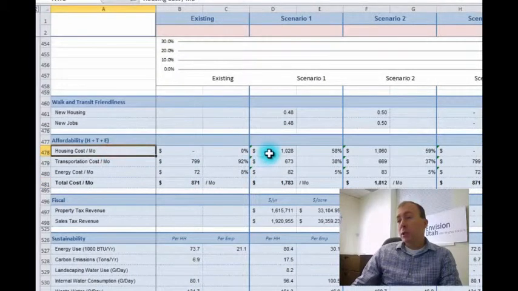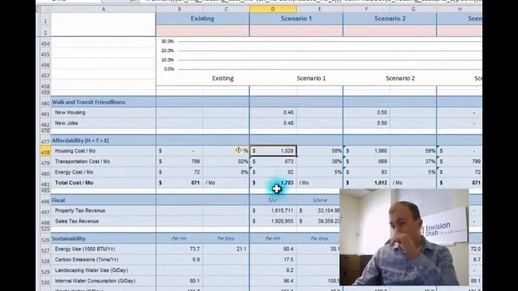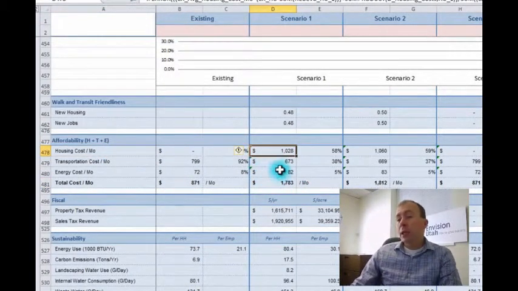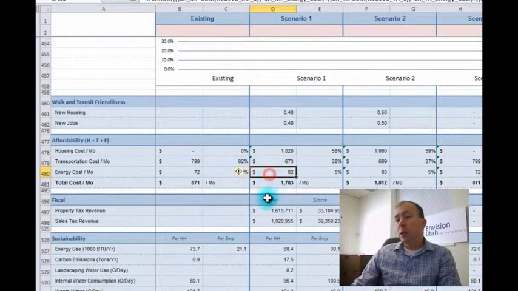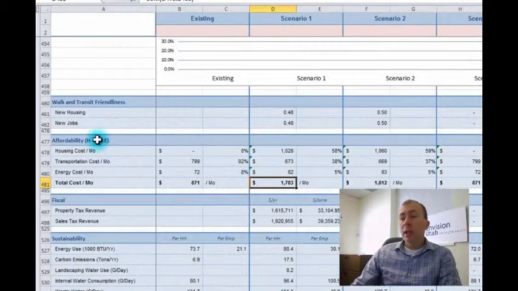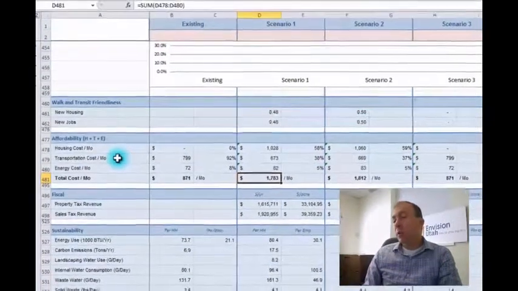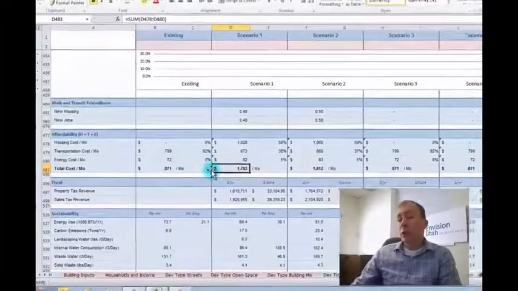So our housing cost in this scenario would be $1,028. The transportation cost to live in this scenario would be about $673 a month, and our energy costs would be $82 a month. So we can add those together to give us a much bigger and fuller picture of the affordability of the area.